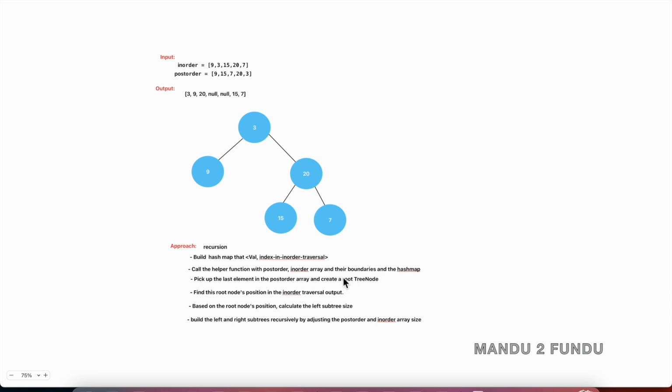Once we did that, we look up that root node value in the hash map we built and find the index value of that value in the tree. Based on that, we can compute the number of elements in the left subtree, and depending on that we can adjust the array indexes. Then we build the left and right subtree recursively by adjusting the starting and ending index of the Inorder output and Postorder output. Once we come back from the recursive call, finally we can return the root node.